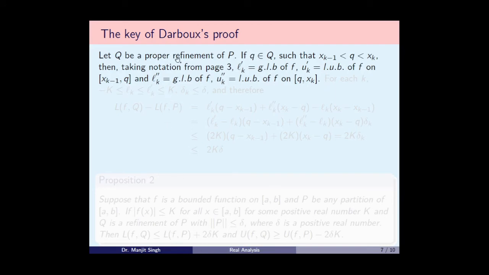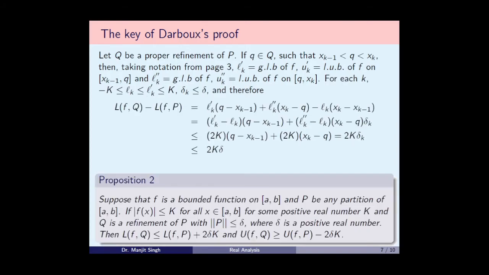Before giving the proof of Darboux's theorem, first we will prove this result here. This result is saying that, as we have seen in previous slides, when we take a refinement of a partition P, the lower sum increases corresponding to the refinement, but there is a difference.